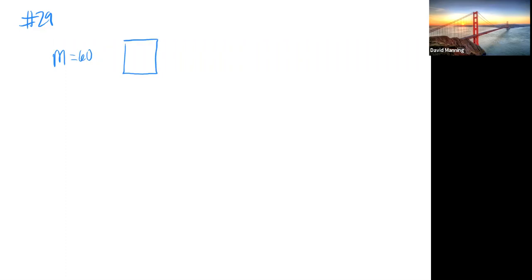So let's just do a little free body diagram here. Her weight is down, so that's 60 times 9.8. That's 588 newtons. Now she's being hung by both her legs. Oops, sometimes I bump that eraser button. And the force is going to be half of the 588, or 294 newtons, because it's in each leg.